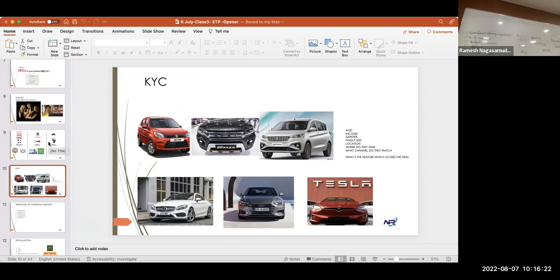Okay, you got everything? I'll tell you. Age, income, gender, the size of the family. Then where are they located?